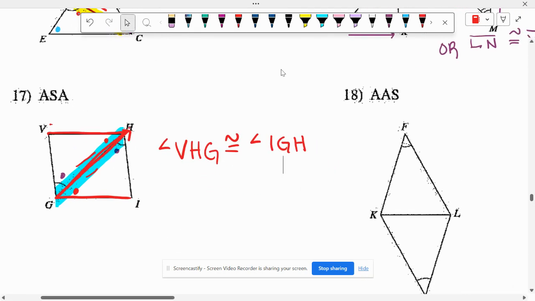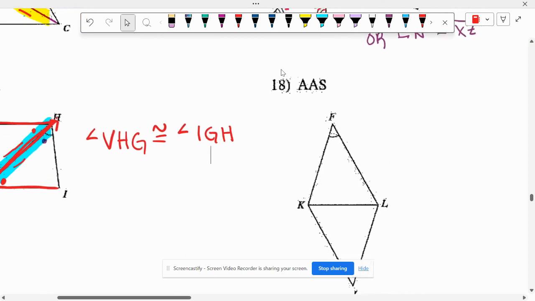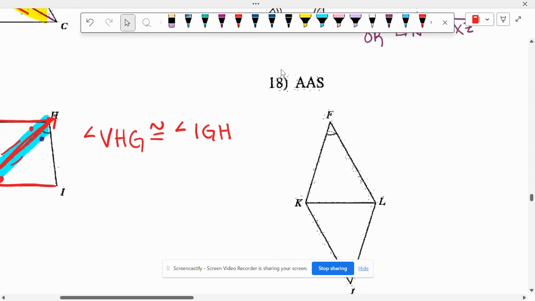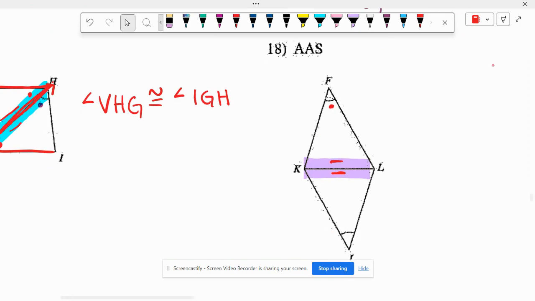I want to use angle, angle, side on number 18. What do we know about this side? It's congruent. So there's my side. And I also know that this angle is congruent to this angle.